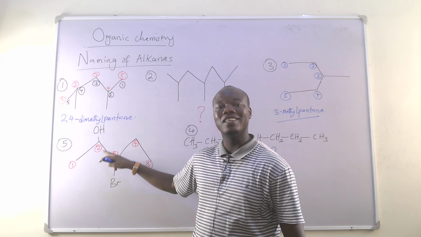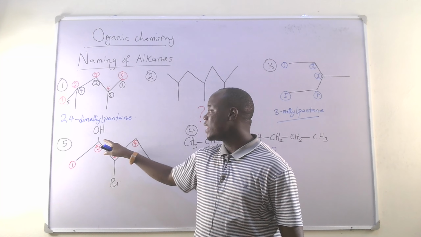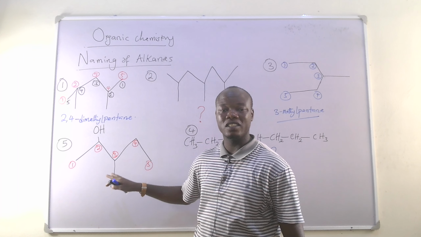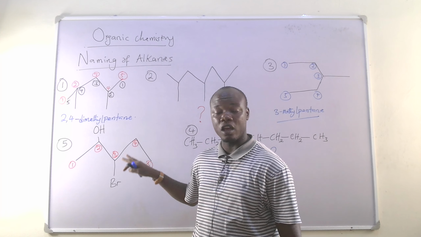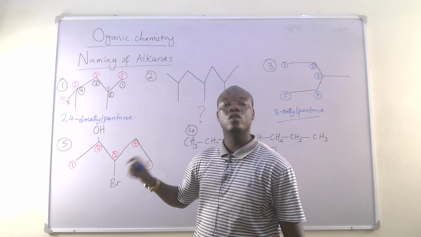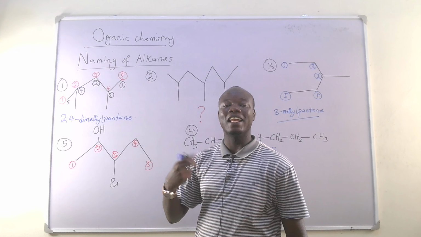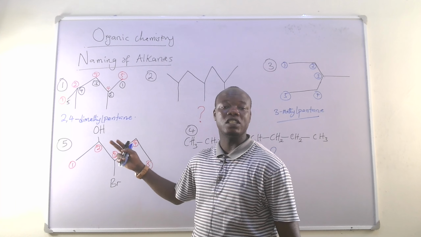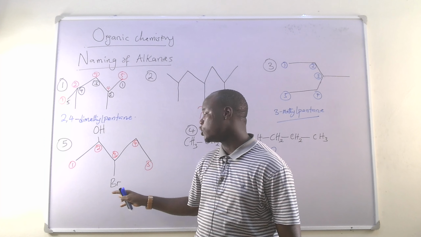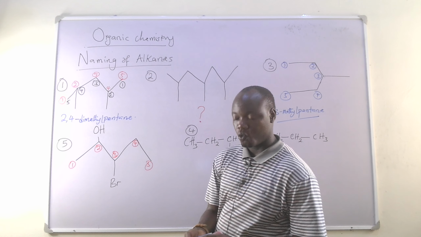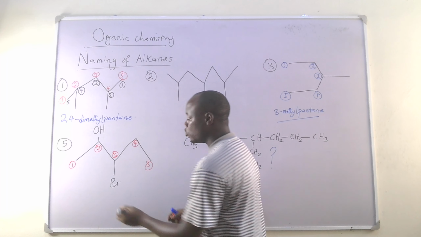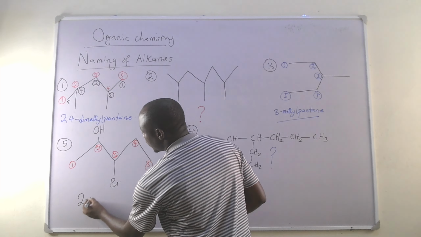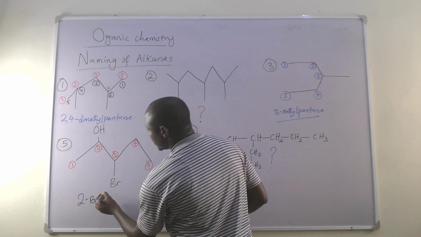Very importantly, ladies and gentlemen, when naming a compound, the best thing is to list the substituents in alphabetical order. Between bromo and hydroxy, which one comes first? Bromo. So we start with bromo.